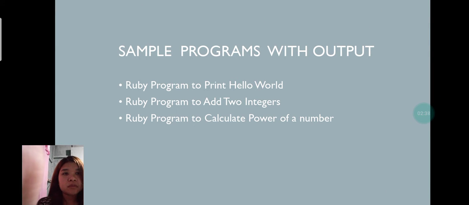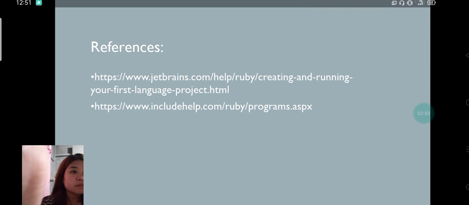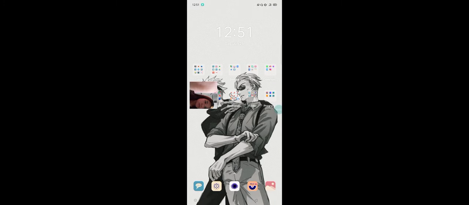So, sample programs with output. We are going to show you 3 sample programs using Ruby, and first is a program to print hello world. So here's how you do it.